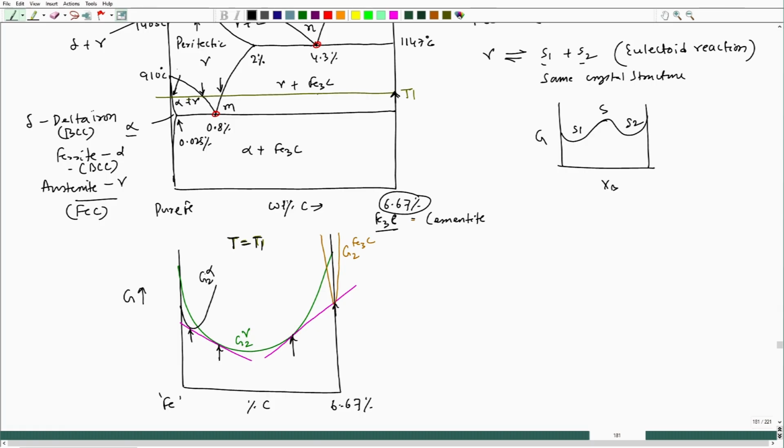This one is Xc of alpha in equilibrium with gamma. This composition is Xc of gamma in equilibrium with alpha.